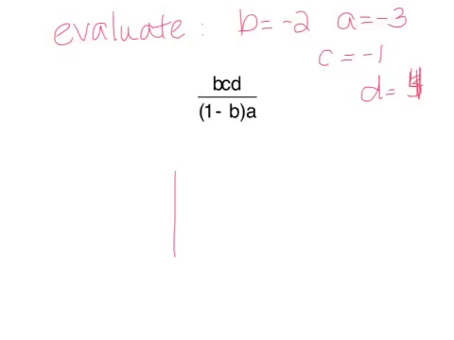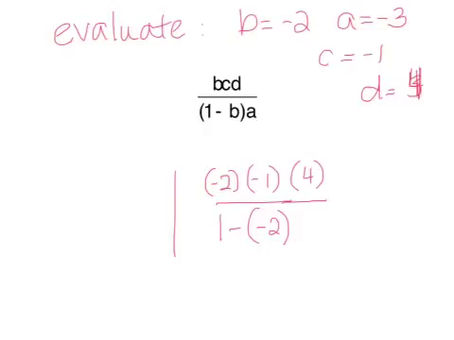So we're plugging them in. And remember I said anytime you plug something into an equation, put it in parentheses. All right, so we have b, negative 2, times c, negative 1, times d, which is 4. Okay? All over 1 minus b, I'm going to put it in parentheses, times a, which is negative 3. I'm going to make another bracket there.